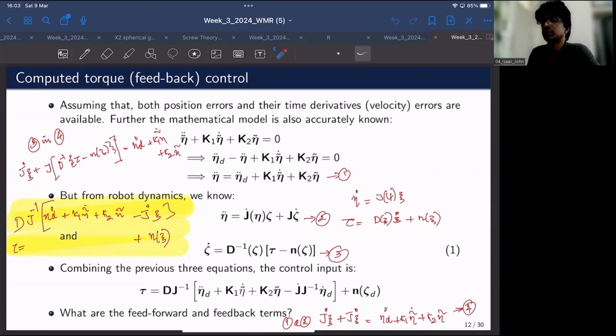The actual position coordinate is what you obtain from the sensor, so it is fed back into the controller so that you can estimate eta tilde. That makes this a closed loop dynamic controller. This is also called a computed torque controller, right? Yeah, so that's about it. I will stop with the summary for week 7.